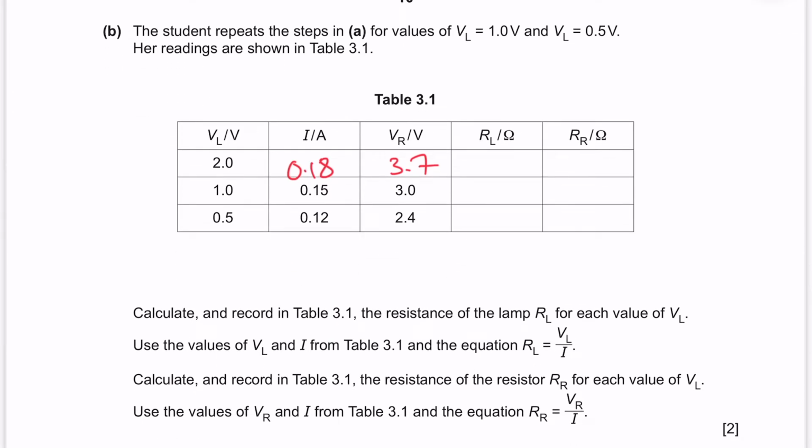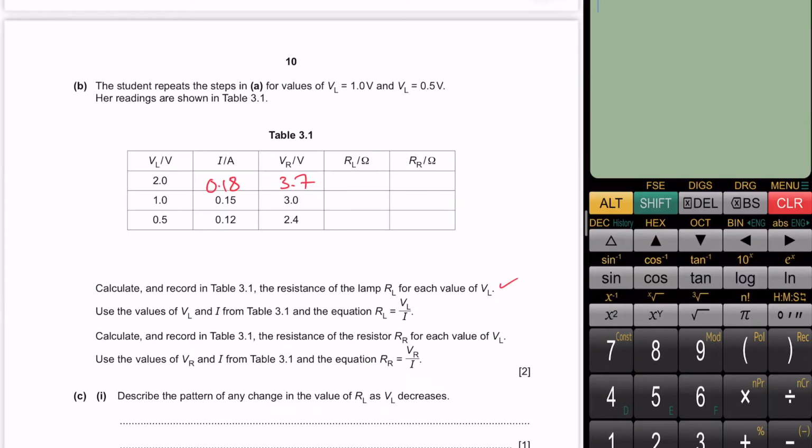So calculate and record the resistance. We did this. Use the value of VL and I from the table and the equation RL is equal to VL over I to find the resistance RL. So we'll use 2 divided by 0.18. So that will be 11.1.